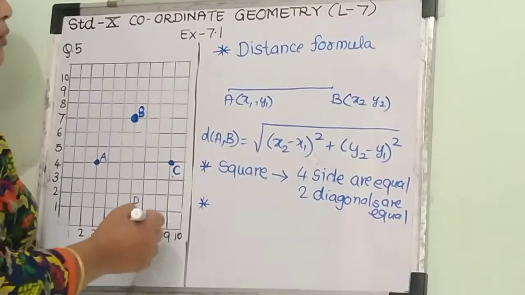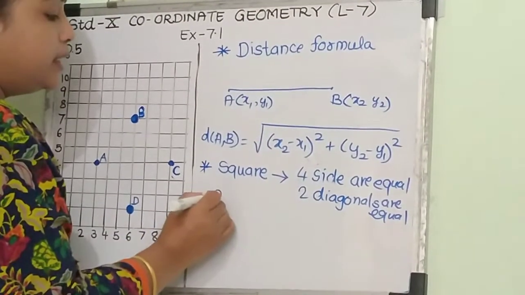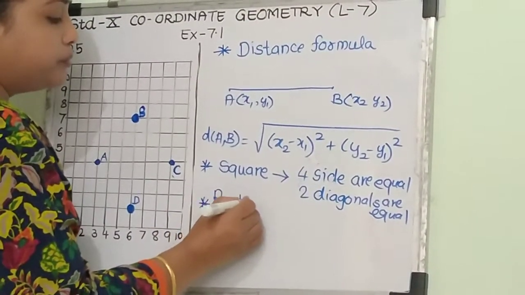Second, we have to find out whether the given quadrilateral is a rectangle or not.